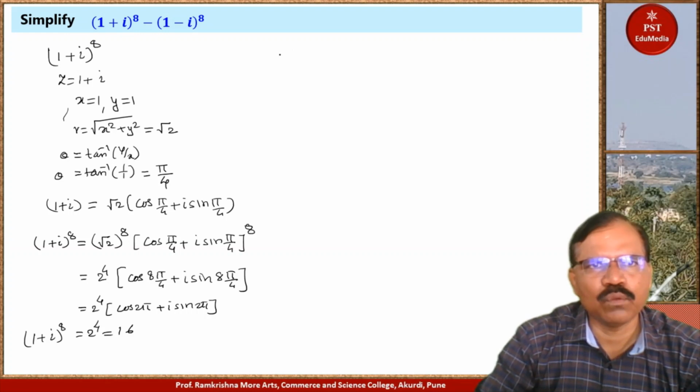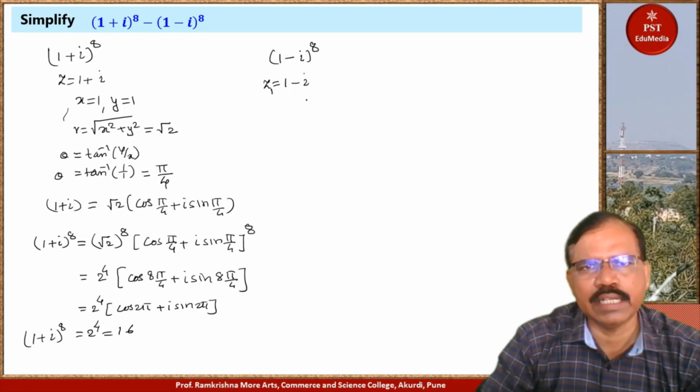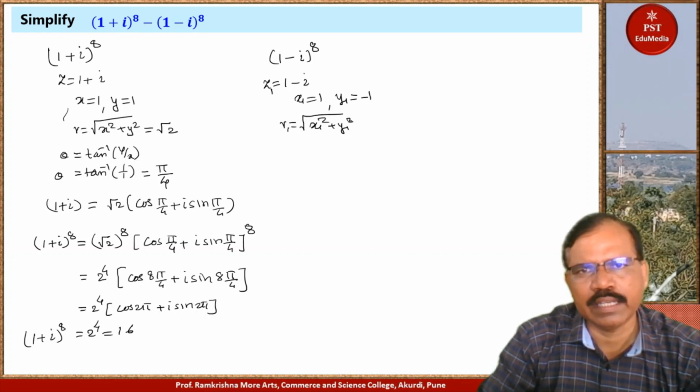Now we can find 1 minus i raised to 8. So 1 minus i, let us take this as complex number z1. So x1 is equal to 1, y1 is equal to minus 1. So we'll get r1 as root of x1 square plus y1 square, that is equal to root of 2.